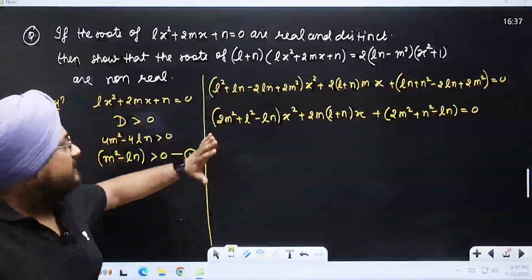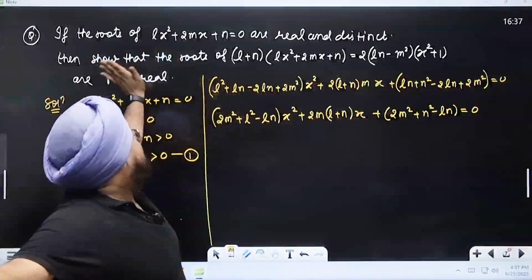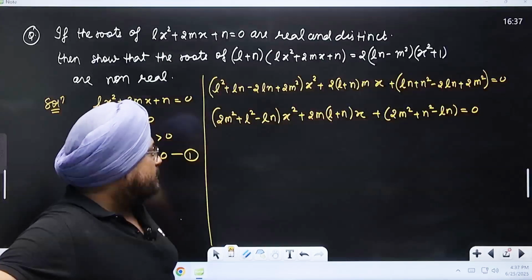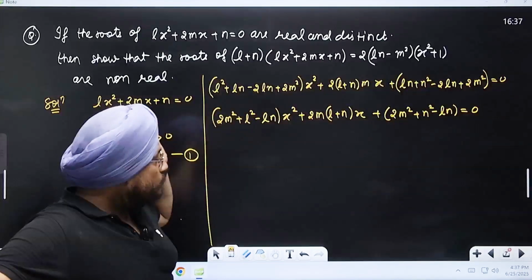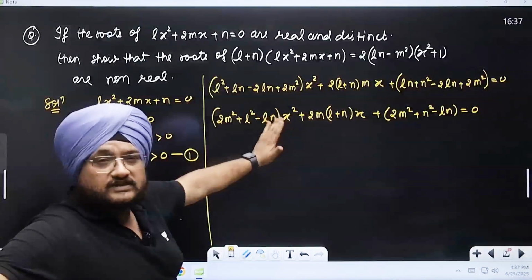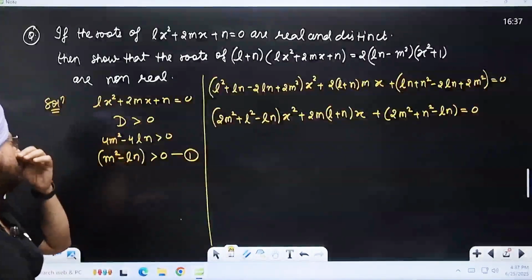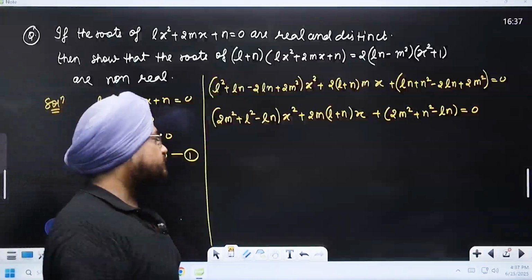We need to show that the roots of this equation are non-real. So we need to prove that the discriminant of this quadratic is less than 0 using the condition that m square minus ln is positive.